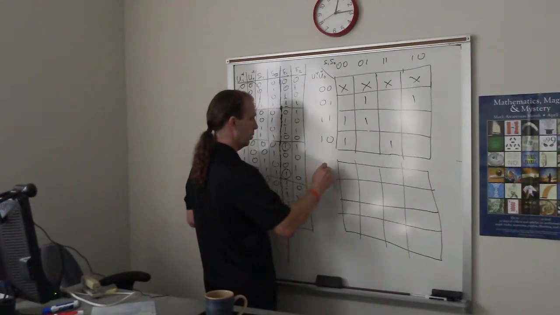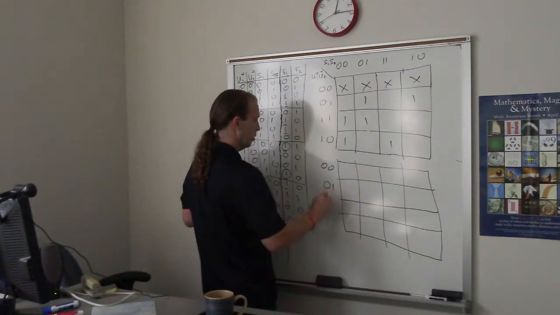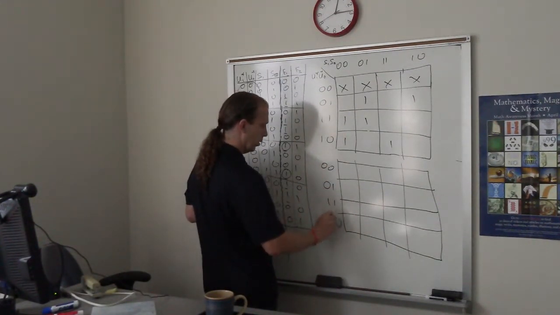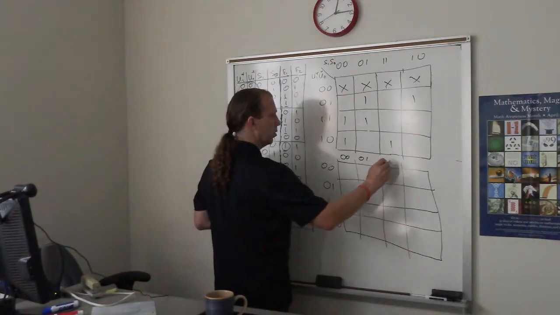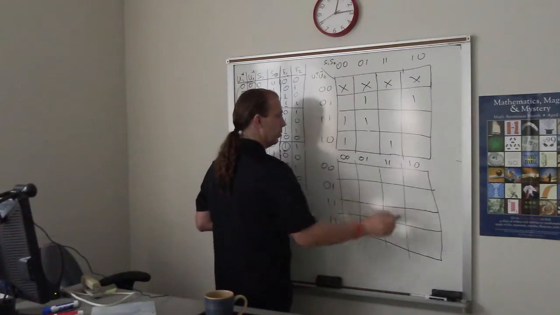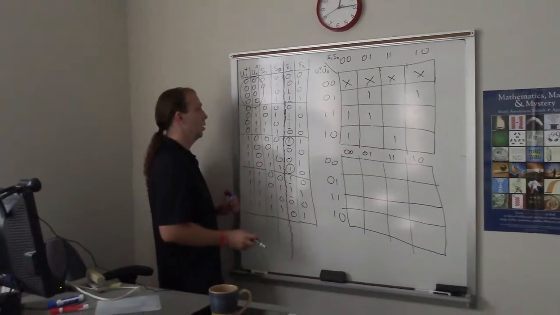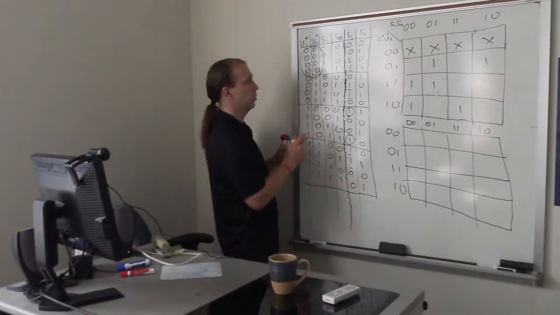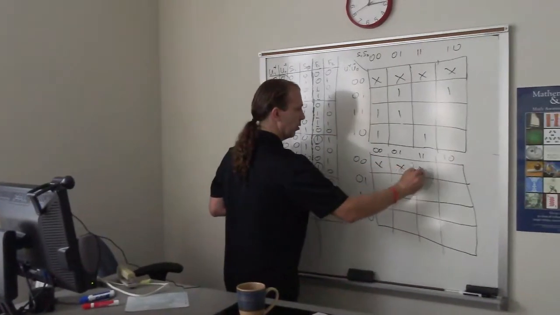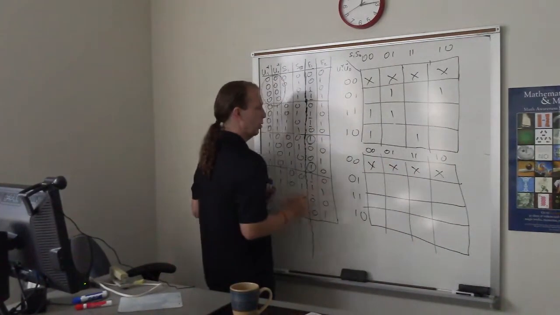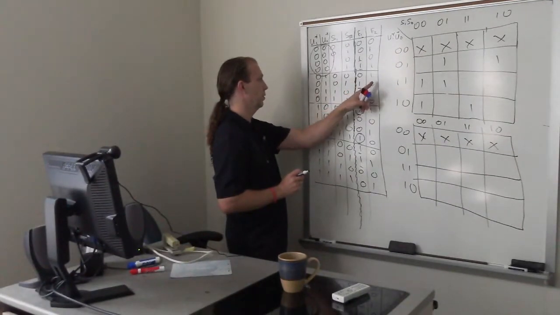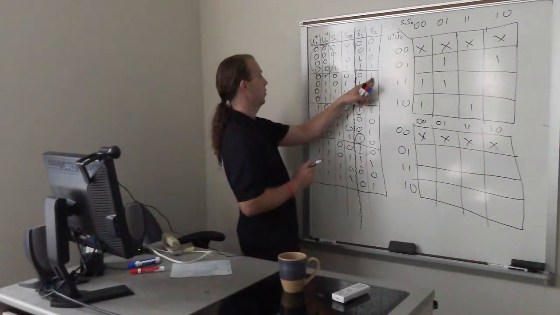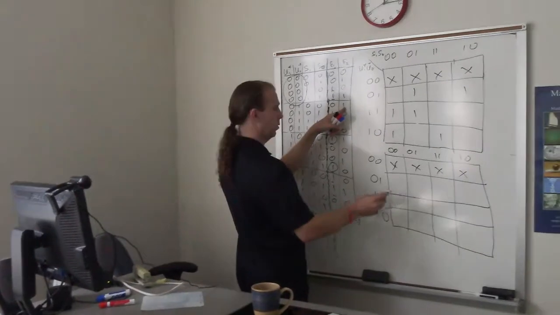So same 0, 0, 0, 1, 1, 1, 1, 0, 0, 0, 0, 1, 1, 1, 1, 0. And now again care condition. And starting this, it will be 0, 0.